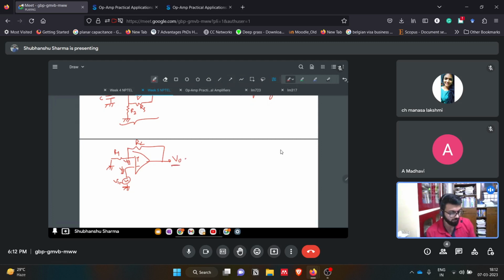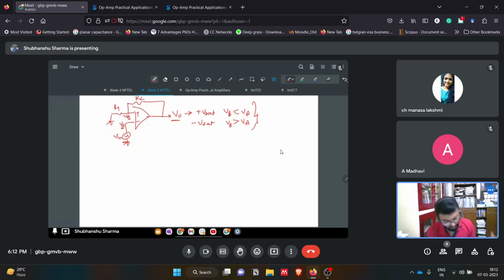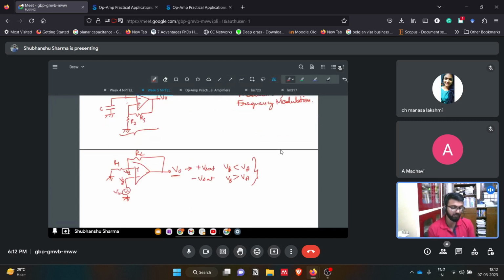V naught will be plus Vsat when VB is greater than VA, and minus Vsat when VB is less than VA. This we saw in Schmitt triggers. The functioning is the same; the only thing we changed here is that we added one capacitor.